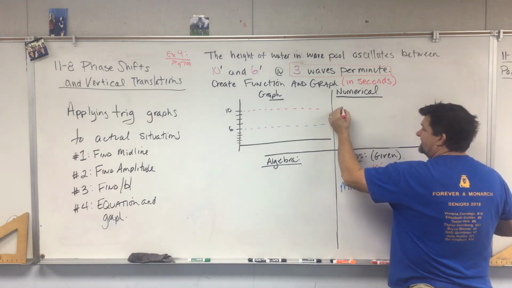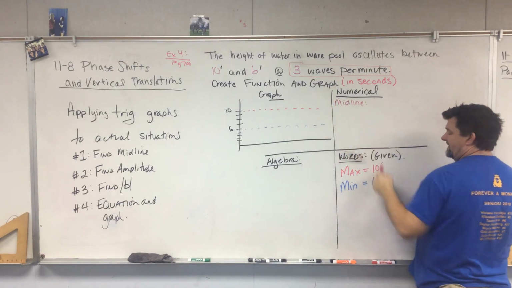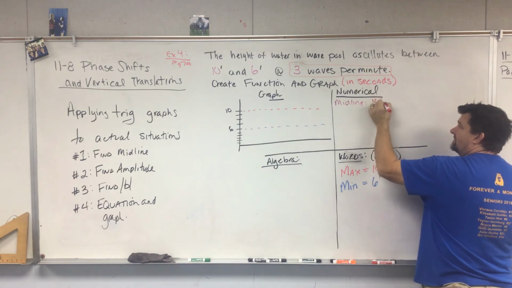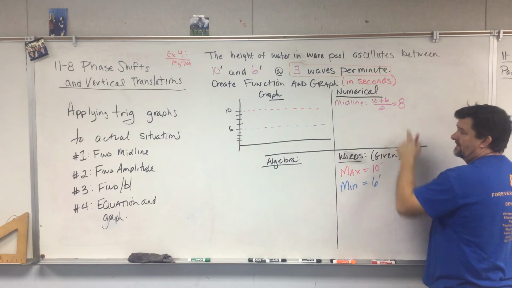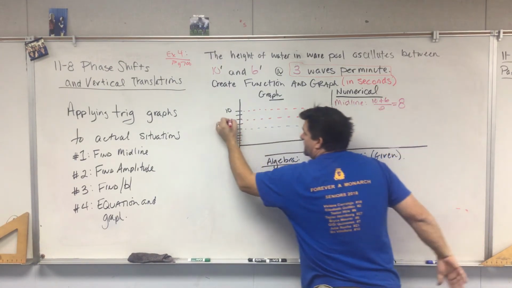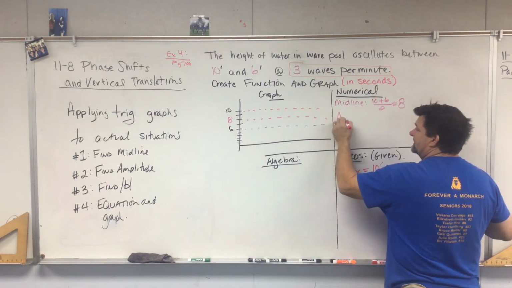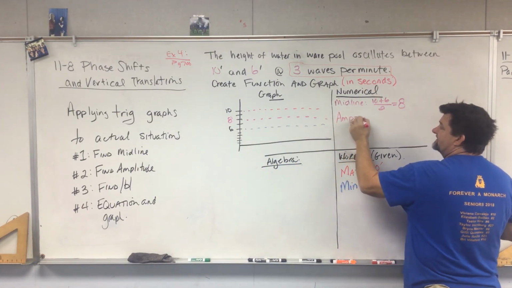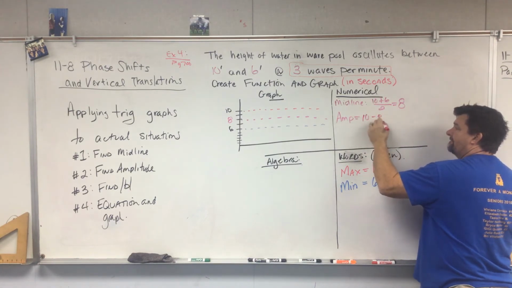My midline, or my vertical shift, is going to be maximum plus minimum divided by 2, which is equal to 8. So my midline is at 8. That means my amplitude is the difference between my maximum and my midline.